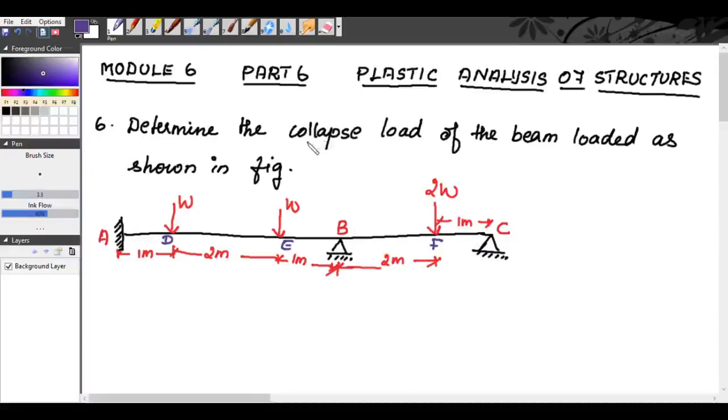So our aim is to determine the collapse load. The first step is to find the statical indeterminacy. We know statical indeterminacy is equal to the external reactions minus the number of equilibrium equations available. The external reactions are: at A we have a vertical reaction and a moment, at B a vertical reaction, and at C a vertical reaction.